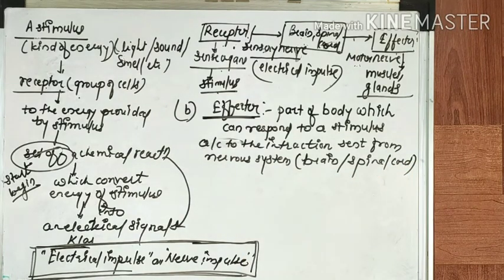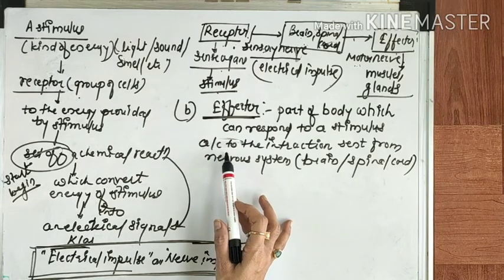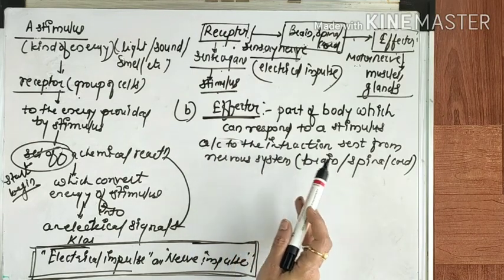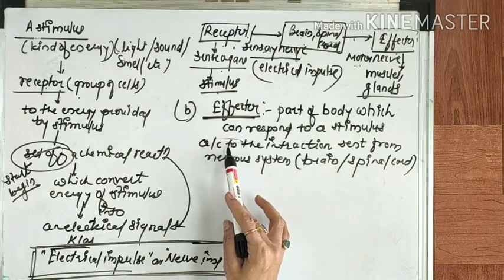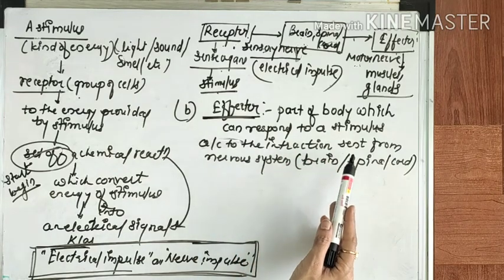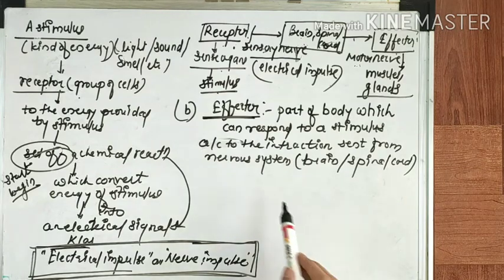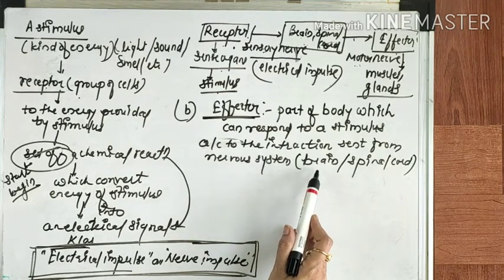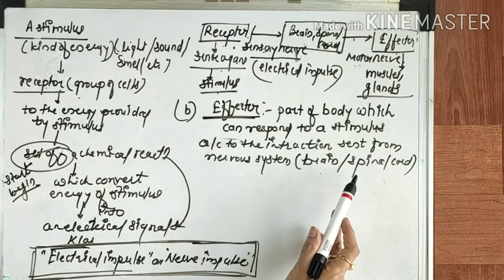Understood? So what do you mean by effector? Effector is a part of a body that can show the response to the stimulus, according to the instructions. Whatever responses are forwarded against the stimulus are according to the instructions sent from the nervous system. And as we know, the nervous system consists of brain and spinal cord.